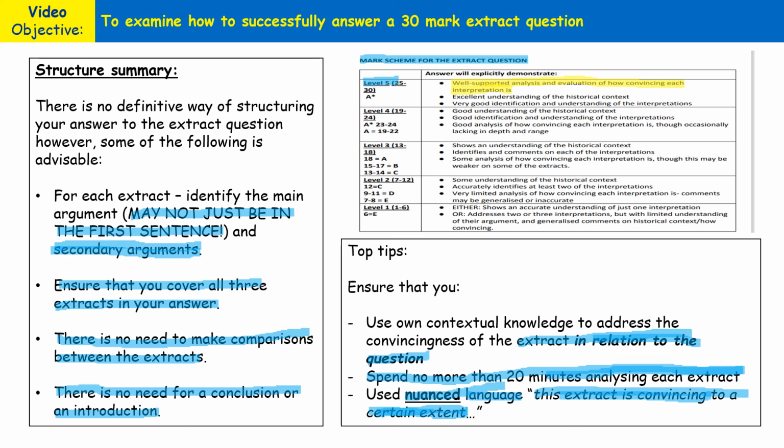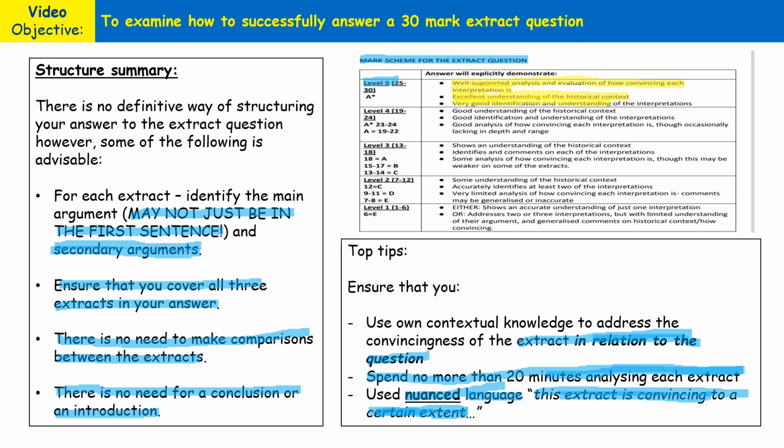You need to show an excellent understanding of the historical context, so really concise own contextual knowledge needs to be used to demonstrate this, and a very good identification and understanding of the interpretations.